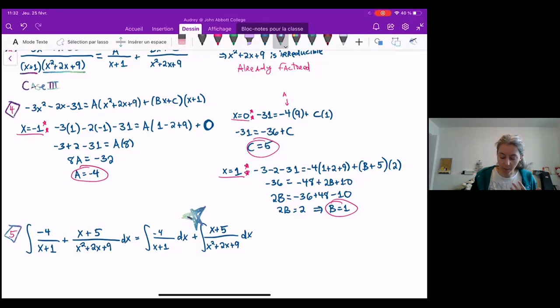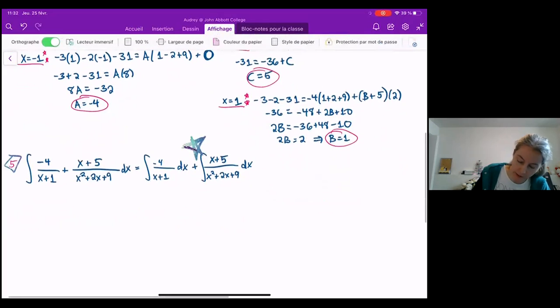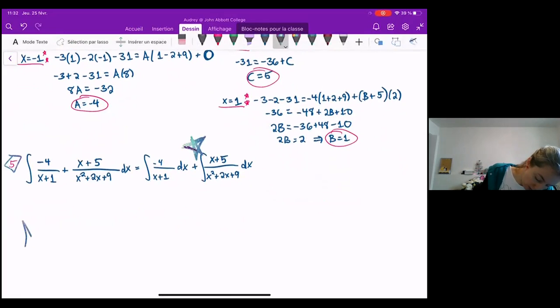So we want to think about how to approach this problem. We actually have a very special way of doing this precise integral. So we're going to put this as a star, and we're going to go down here and do it. So we have x plus 5 over just x squared plus 2x plus 9 dx.